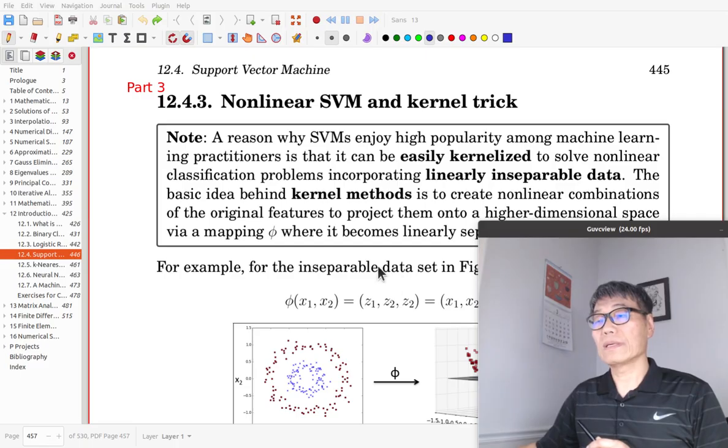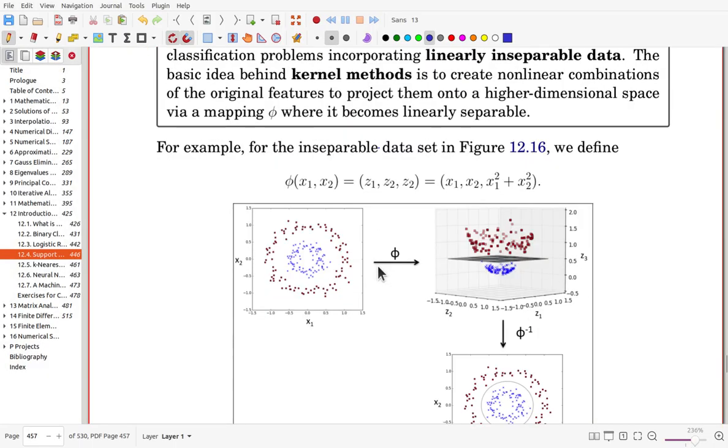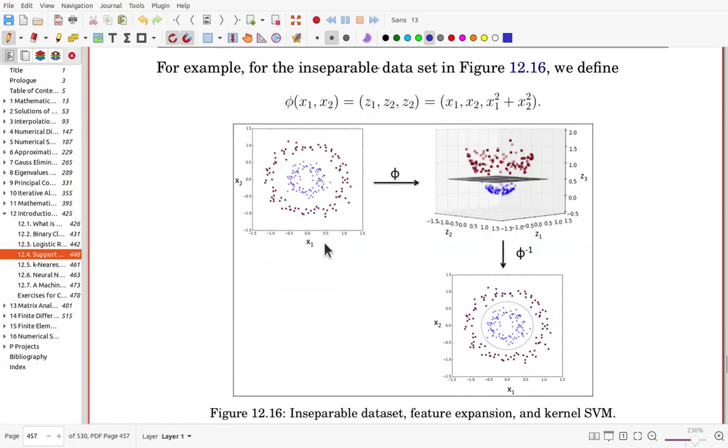Let's see this figure. Now we have points in two-dimensional space, and one class is given in this way, and the other class surrounds the other class points. Then any linear classifier is not effective to classify this data set.